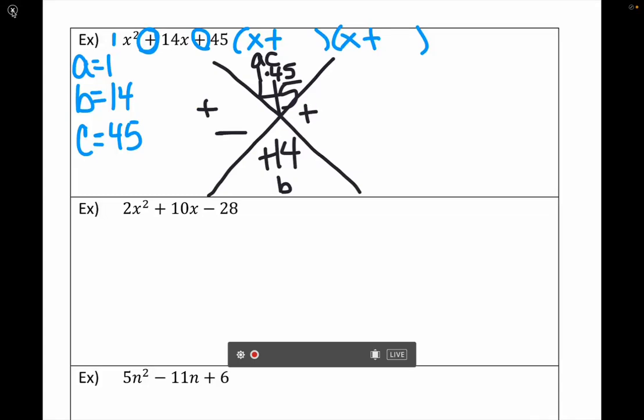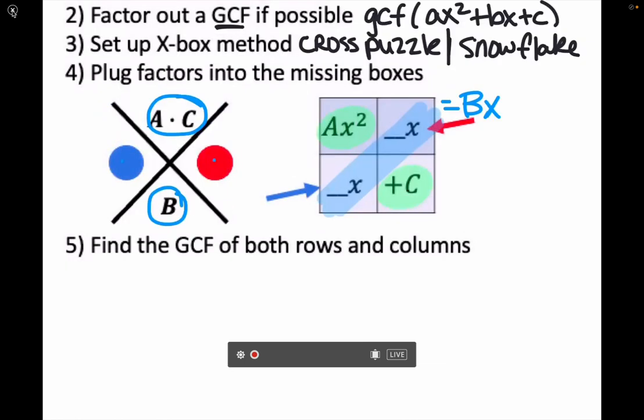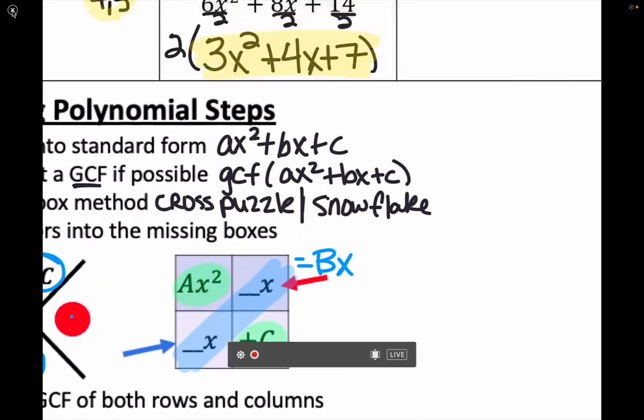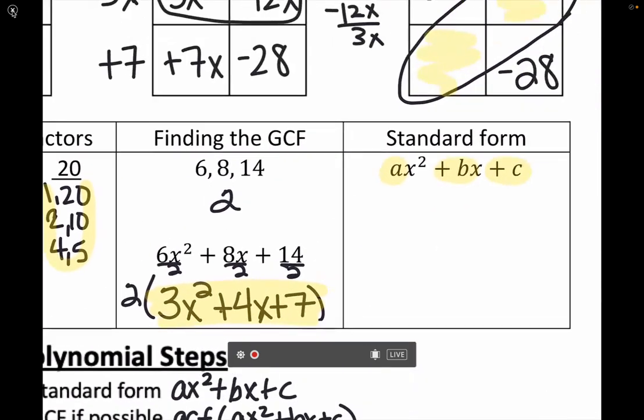What we want to fill in here are the numbers. We're looking for numbers that multiply to be 45, but that add to be 14, okay?